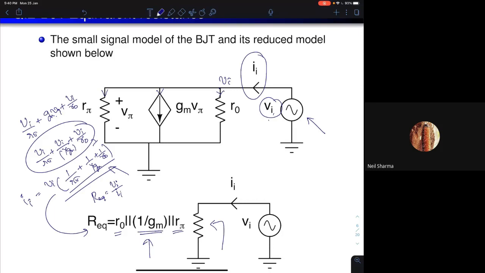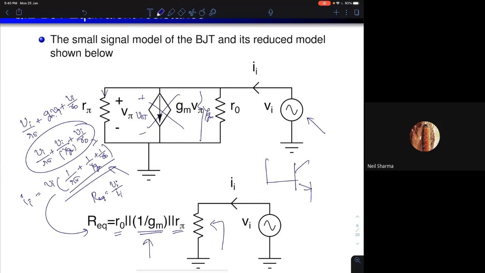In fact, when you are performing the analysis itself, the moment you see Gm V pi, the voltage across it is V pi. You can replace this Gm with a resistor of value 1 by Gm. You can do this only if the collector and base are short circuited. Otherwise, you should not do that.